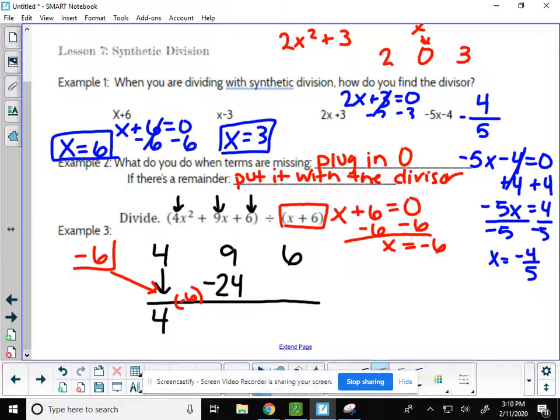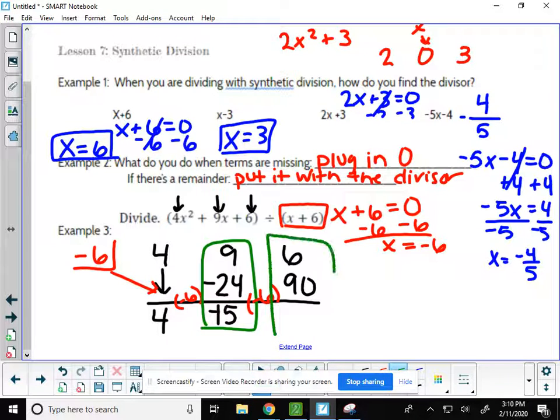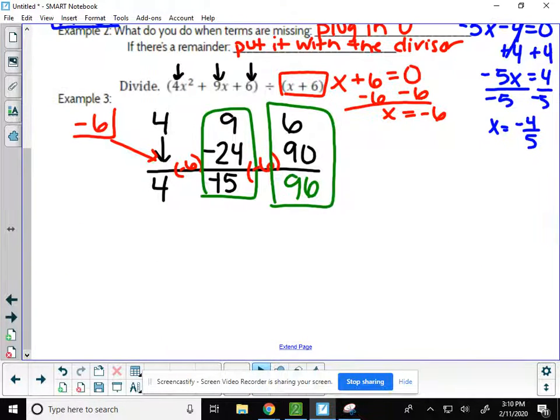So then this becomes a problem in itself right here. You're doing 9 minus 24, which is -15. Then you take -15 and you multiply it by -6. That gives me a +90. Okay, so then I put those together and I get 96. So here's where your answer comes in.